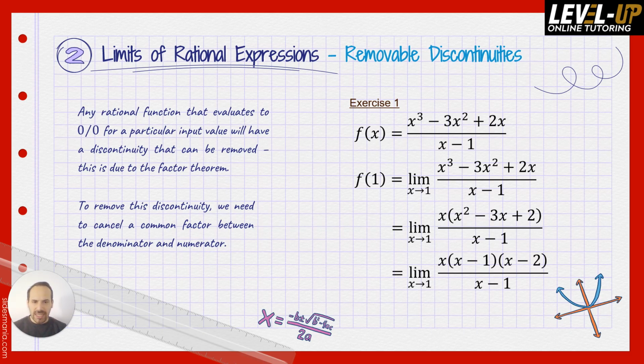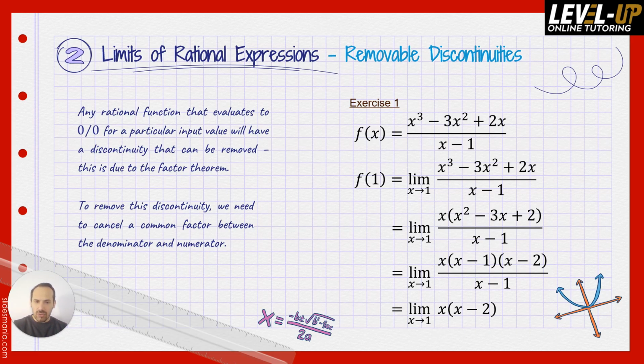We can factorize that into x minus 1 and x minus 2. Notice we've got that common factor of x minus 1 that's appeared, so we can cancel it out because we're doing x minus 1 divided by x minus 1. We're left with x and x minus 2 as factors.